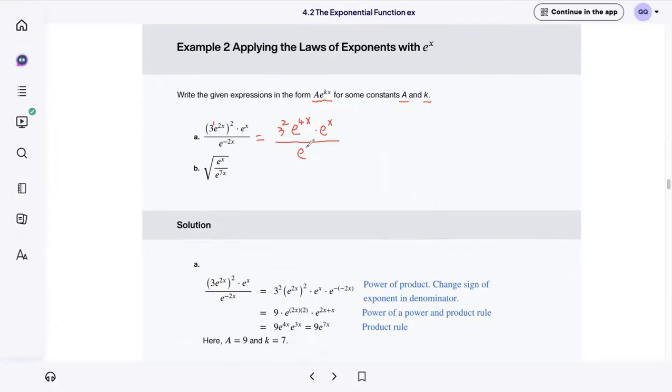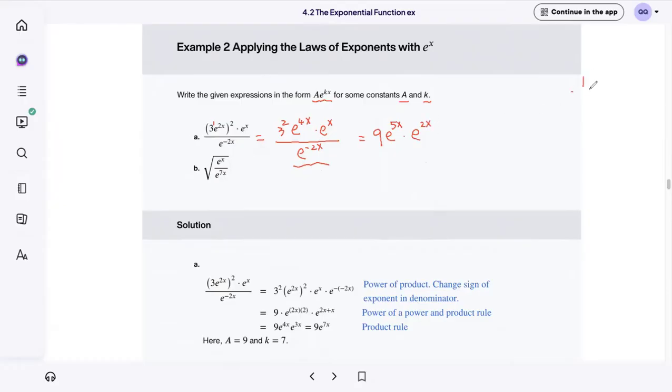Then divided by e raised to negative 2x. 3 raised to 2 is 9. Then e raised to 4x times e raised to x is e raised to 4x plus 1x, that's e raised to 5x. Now, for e raised to negative 2x in the denominator, we can rewrite it as e raised to positive 2x.